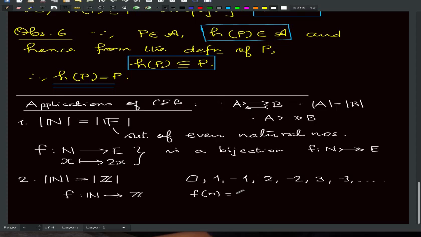So f of n will be n if n is a positive number, and minus n if n is a negative number. Then what about 0? Wait. There is no negative number in the naturals.